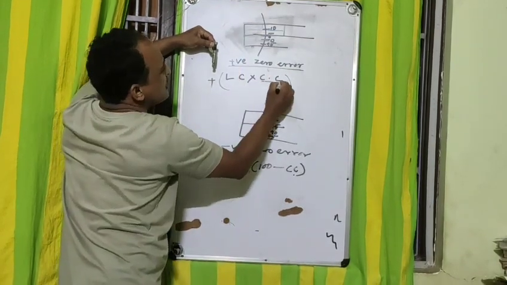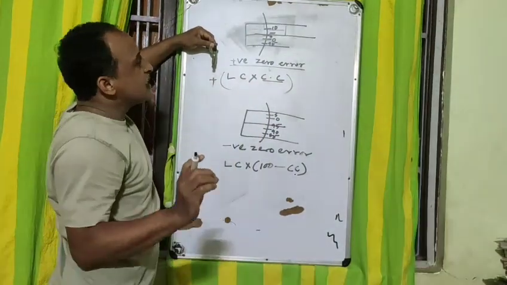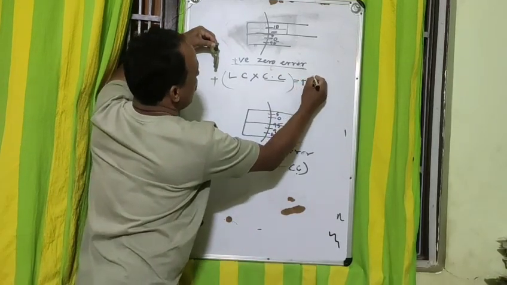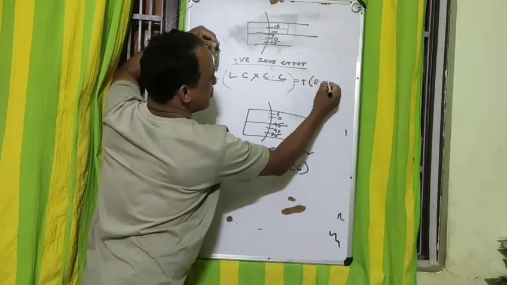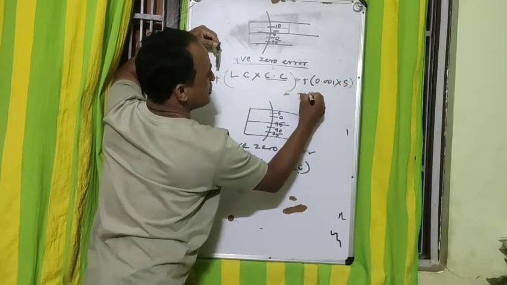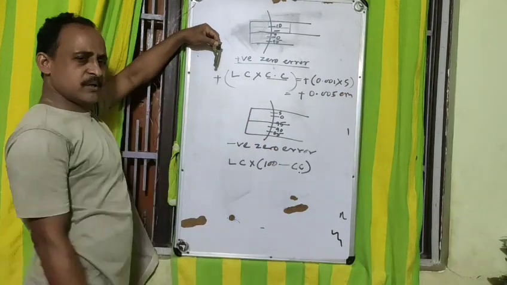This is called the circular coincidence, CC. So in this case, plus LC, 0.001, into 5 is equal to plus 0.005 cm, which is the positive zero error.